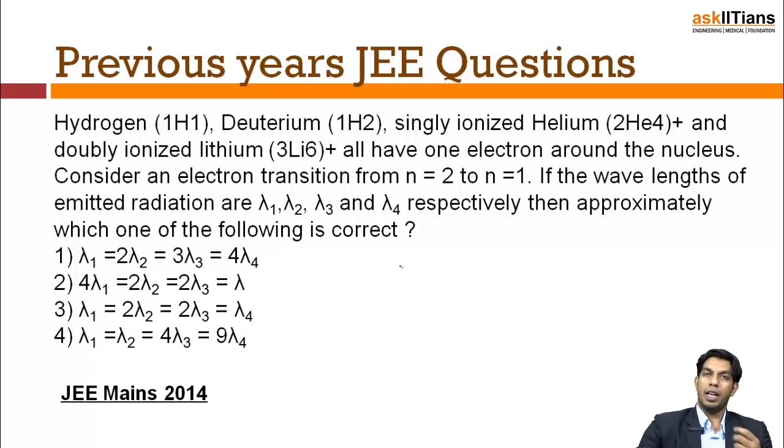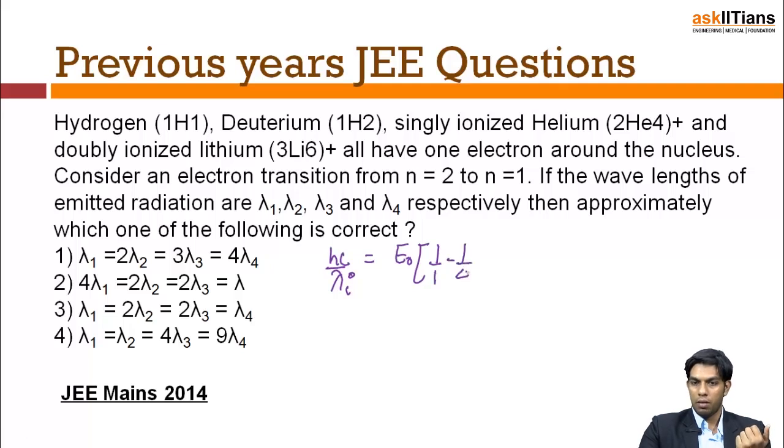Now I know that the energy associated with their transition is Hc by lambda i, where i can be 1, 2, 3, 4, is equal to E naught times 1 by 1 minus 1 by 4 into Z square.